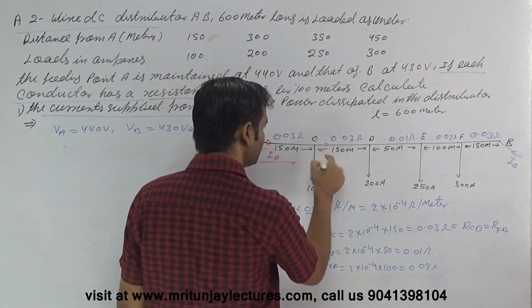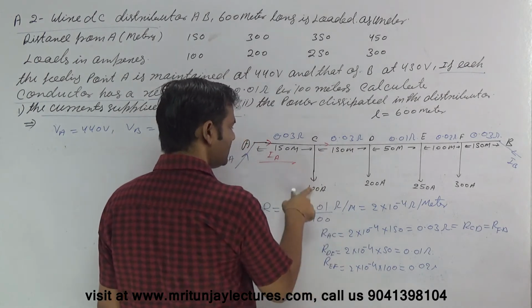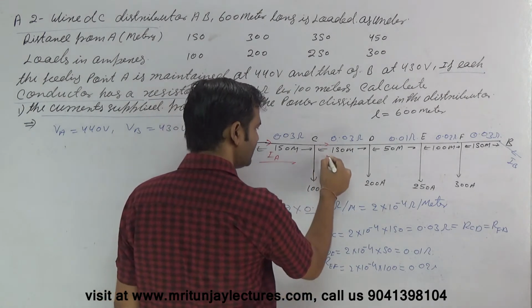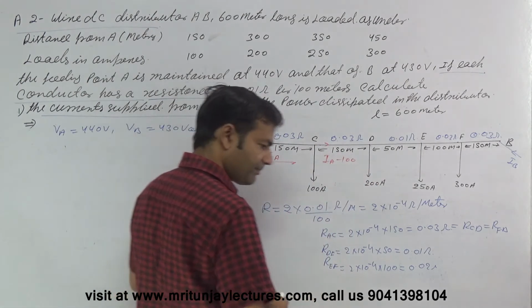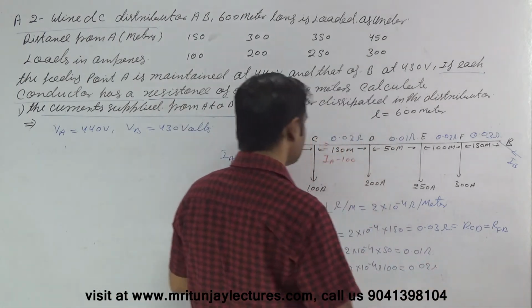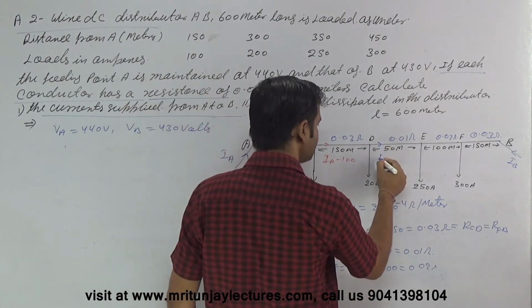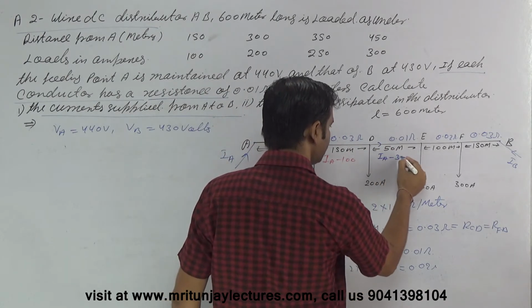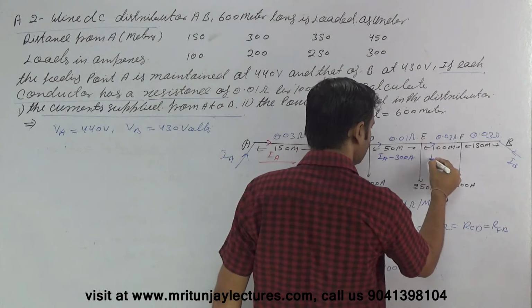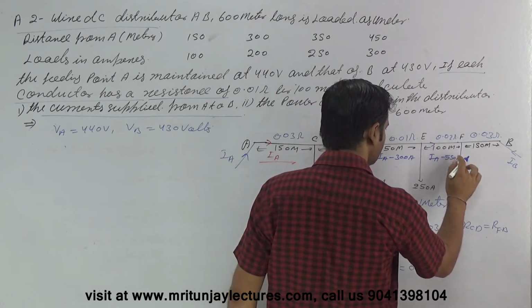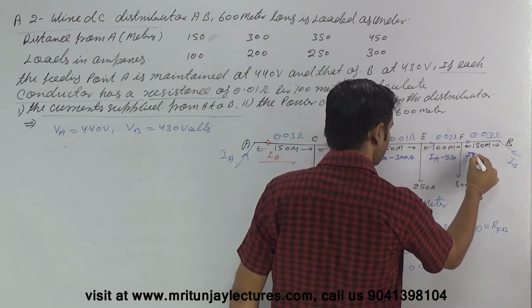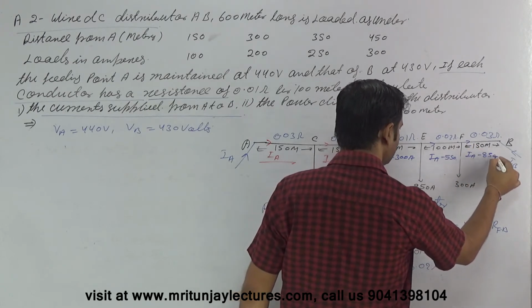What about current in the next section? IA minus 100. Here IA minus 300 ampere, here IA minus 550 ampere. Now here IA minus 850 ampere.